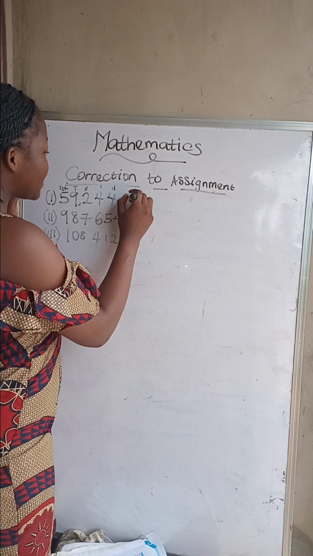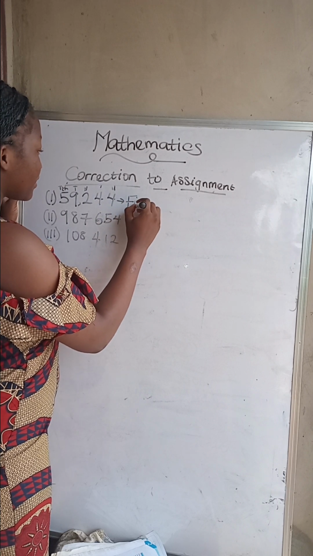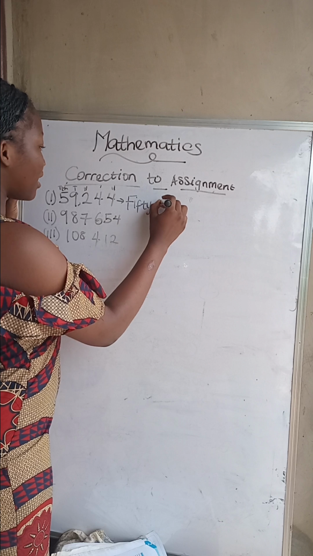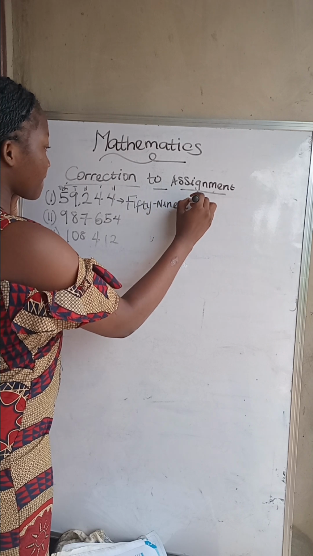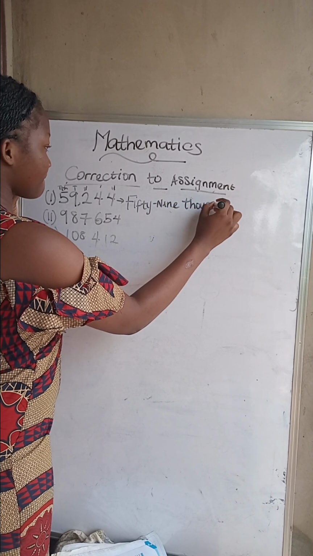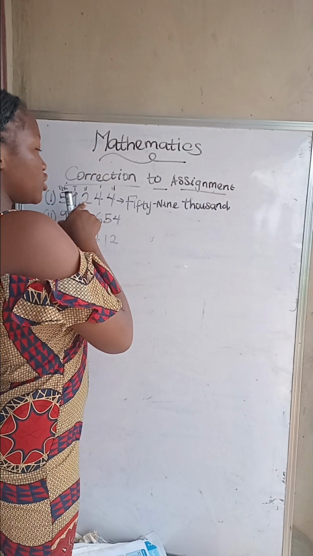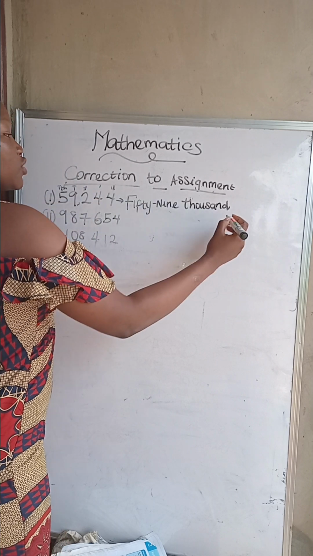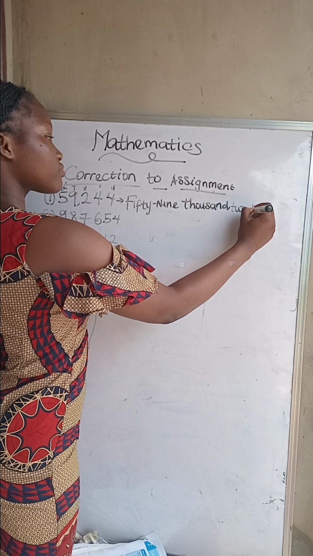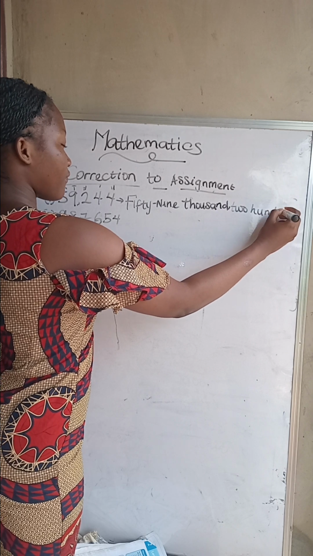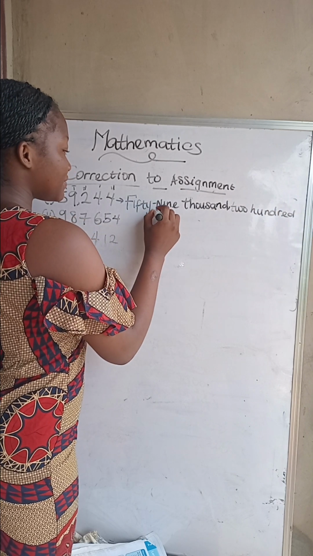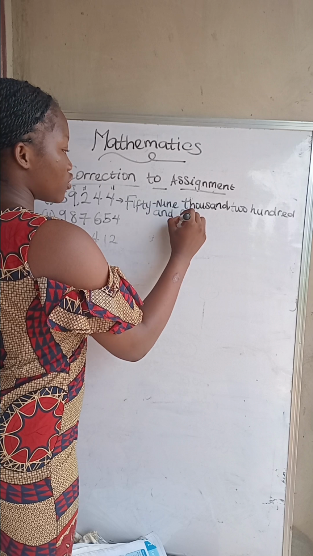So we have 59,000, 200. You know the two takes the hundreds place. 200 and 44.